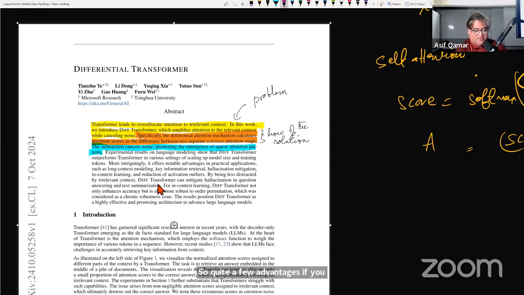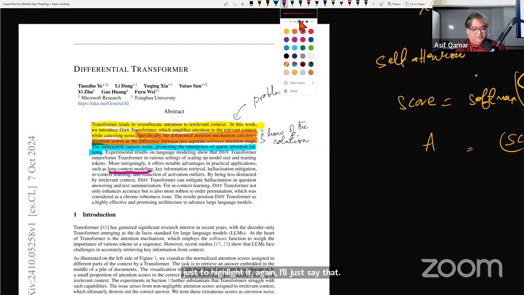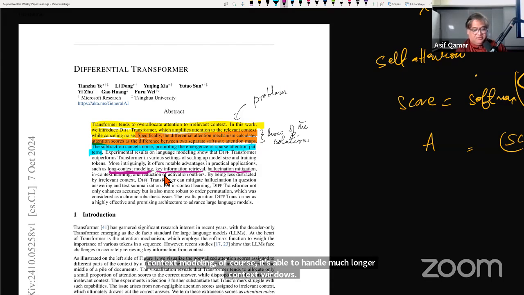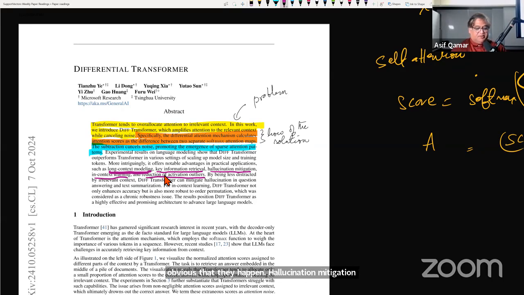Just to highlight it again, long context modeling, of course, it's able to handle much longer context windows, information retrieval, and these things will become obvious, hallucination mitigation, and most interestingly, a reduction of activation outliers.